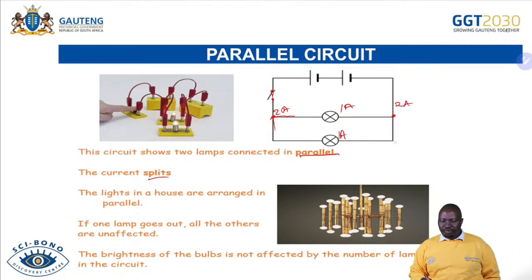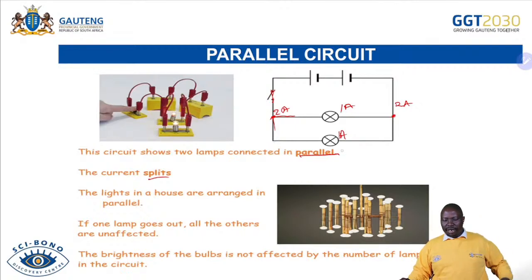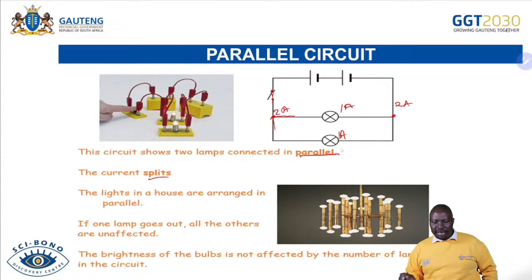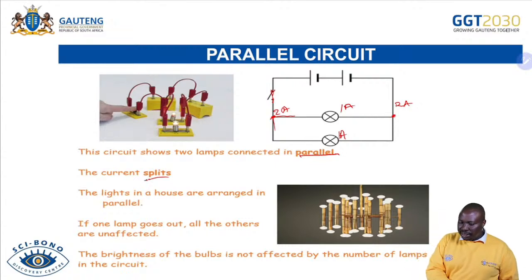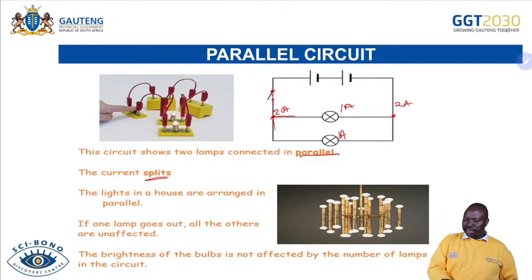So as the current is flowing there, when it reaches that point, it will split into 2 because the resistors or the light bulbs are connected in parallel. Hence, in a parallel circuit, they will split the current. So don't forget that, I'm emphasizing that. Now we're saying the lights that we use in our homes are arranged in parallel.